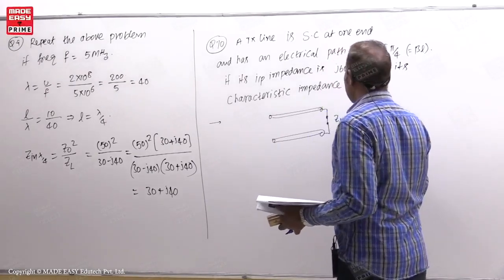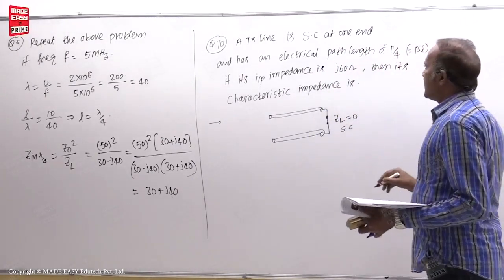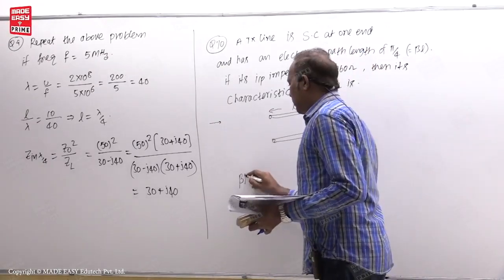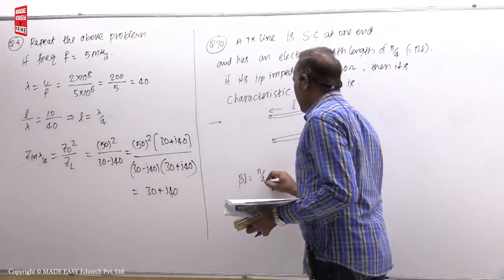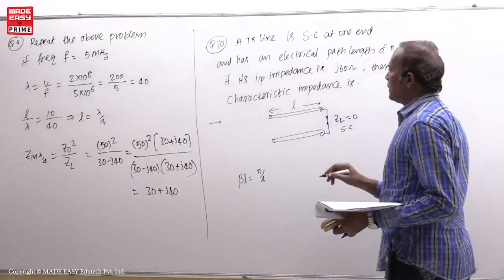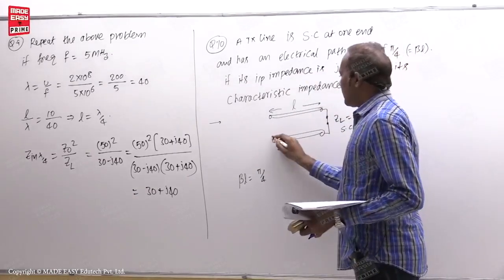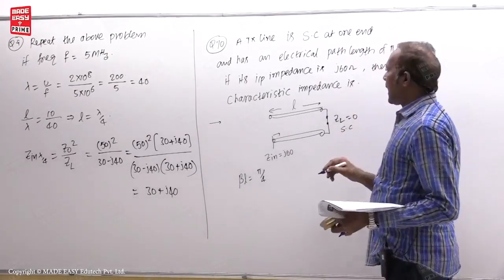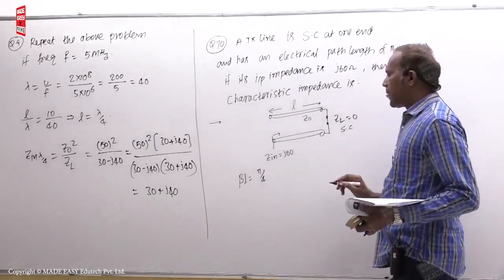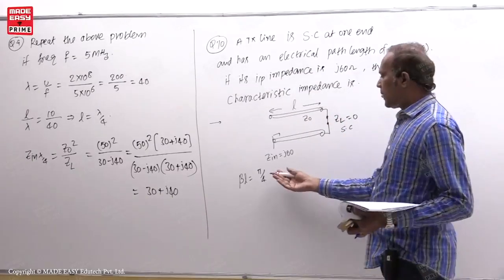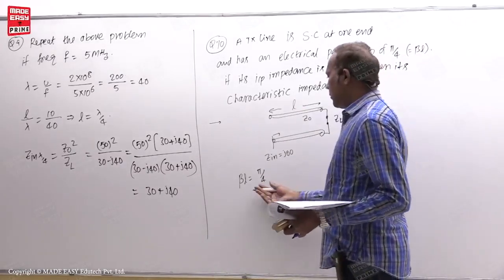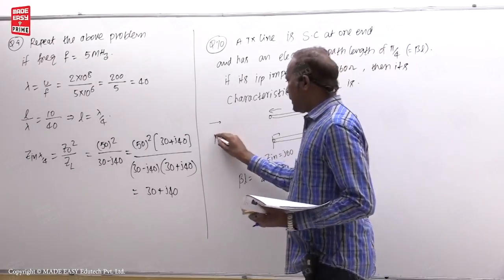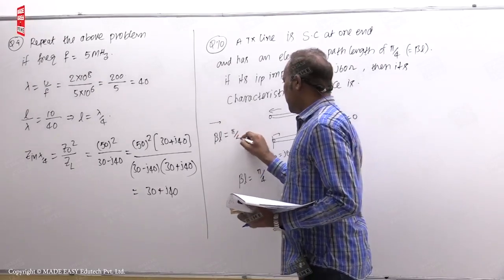Now the load is short circuited, and the transmission line length is L, and given beta L is equal to pi by 4. If its input impedance Zin is J60 ohm, then let us take Z0 as the characteristic impedance, you have to find this. So beta into L is given as pi by 4. Beta L is equal to pi by 4 is given.